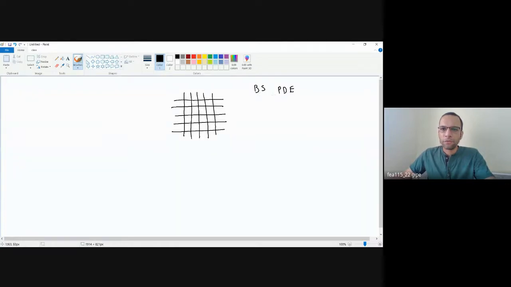So now we have to move from something which is in continuous time into something which is in discrete time. So the way to do that is to convert your differential equation into a difference equation. So that's basically differential to difference.